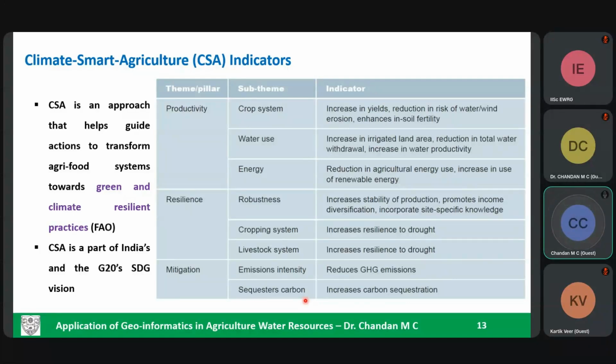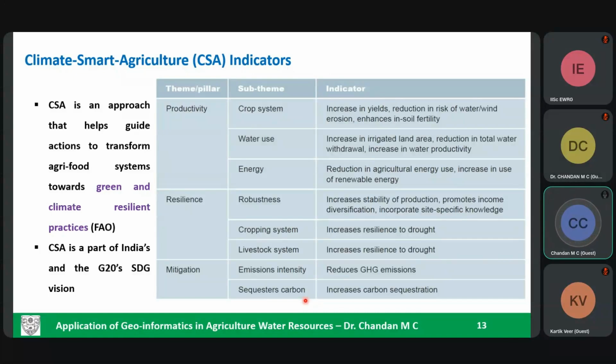Further, if you see the CSA, we have the indicators such as the productivity under the crop system, water usage, energy, and how this can be best utilized by considering various sub-indicators to reach the Sustainable Development Goals.